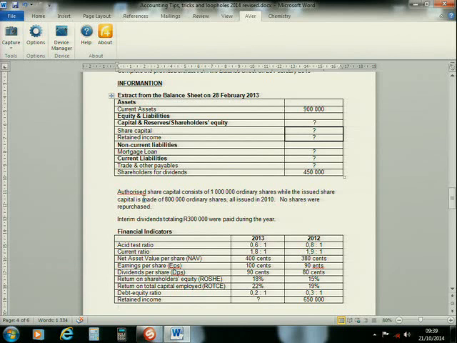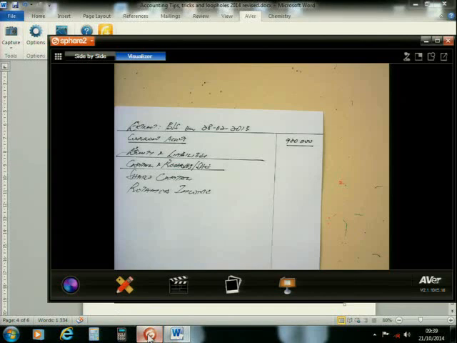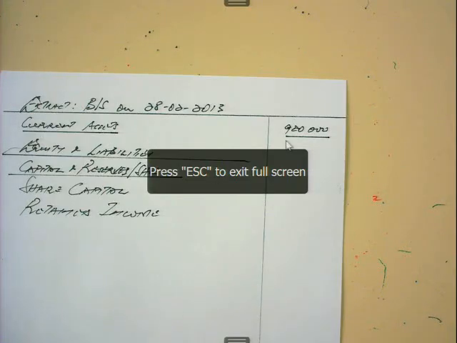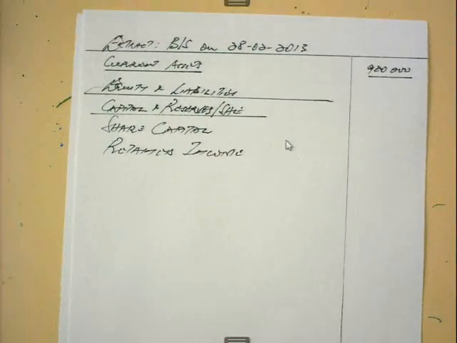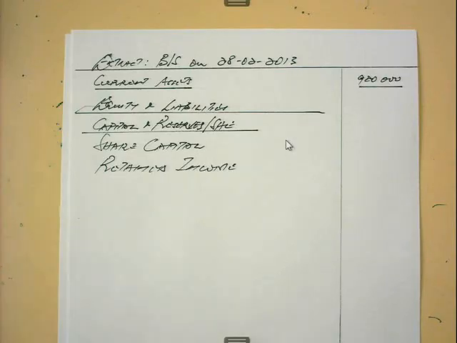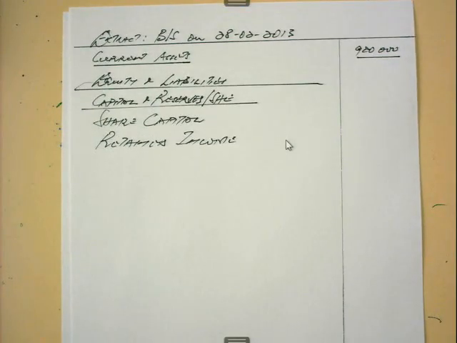Let's determine first the shareholders' equity. In determining the shareholders' equity, you need to pick up from your financial indicators a financial indicator which has in its formula shareholders' equity, sometimes referred to as capital and reserves.